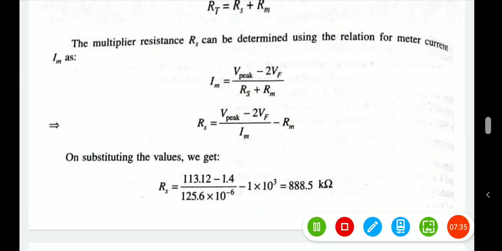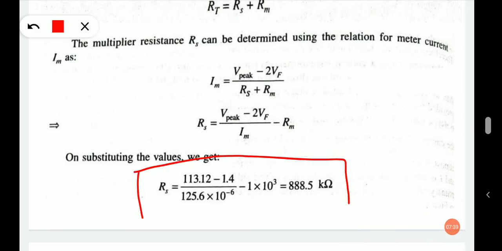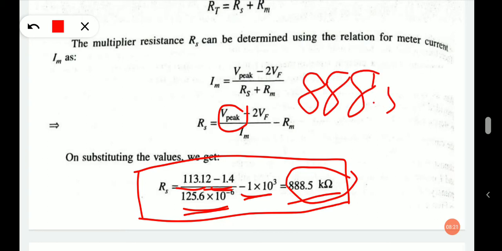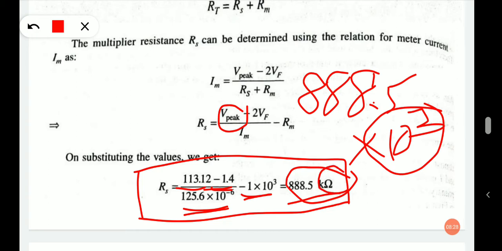If we substitute the values, V peak we have calculated, that is 113.12 minus 2 Vf, that is voltage drop 1.4, upon Im, that is 125.6 microampere, into 10 raised to minus 6, minus Rm that is given, 1 kilo ohm, 1 into 10 raised to 3. So the value of Rs will be 888.5 into 10 raised to 3 ohm, that is 888.5 kilo ohm.